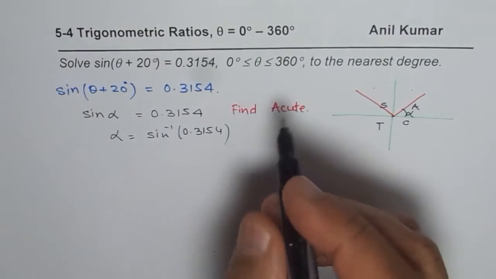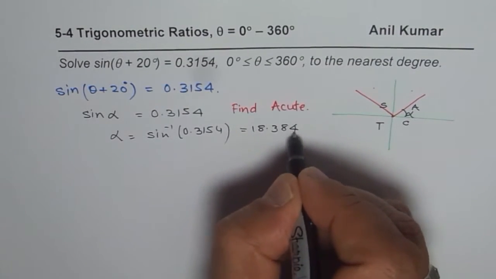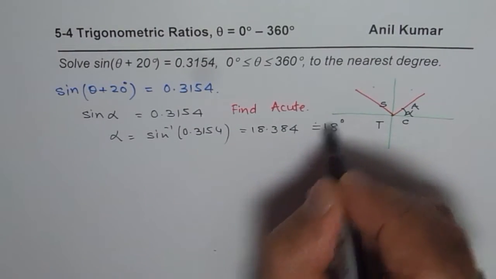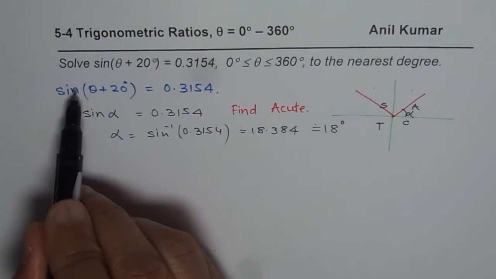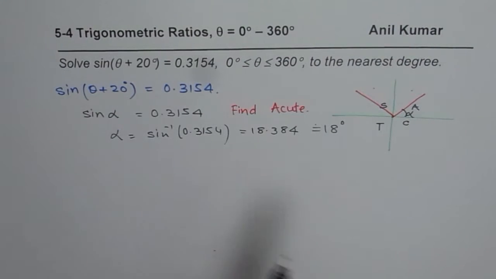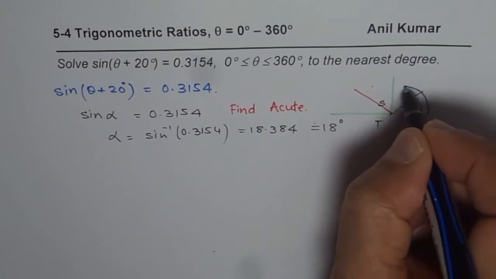18.384. To the nearest degree, we'll round this to 18 degrees, right? So that is the angle alpha. Now we really need to find sine of theta plus 20, right? So we could have two angles, one is the alpha itself and the other one is 180 minus alpha.